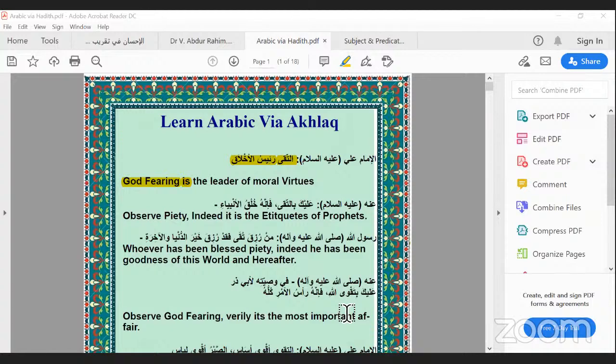Where is it gone? Just give me 1 second. Let me just get the other sheet onto the screen.